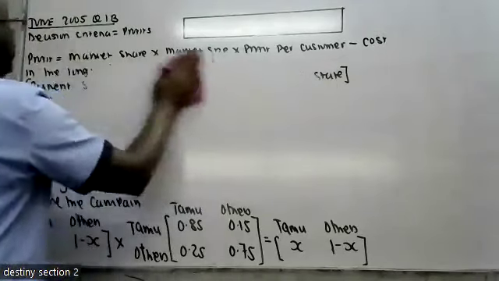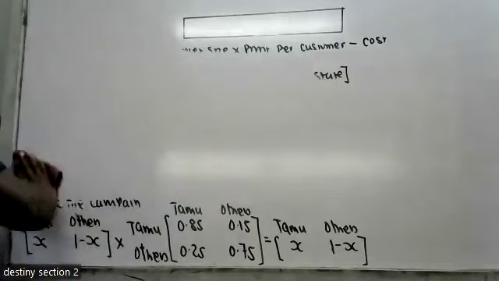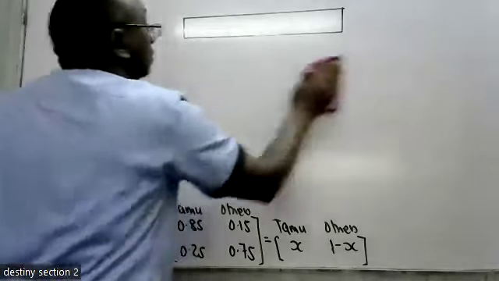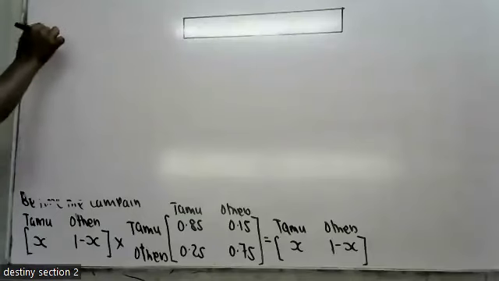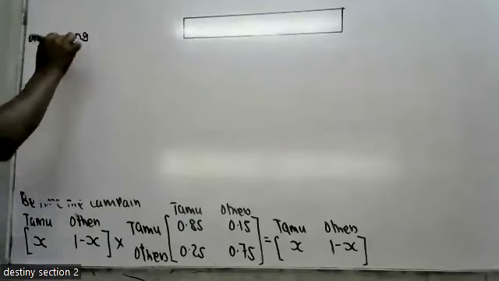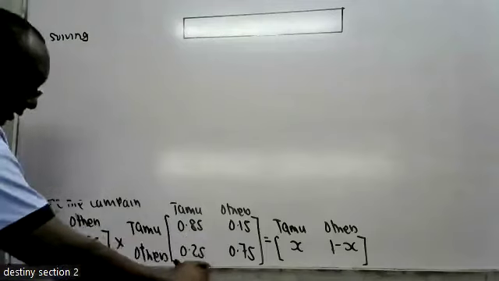So on solving, if you multiply the matrices just like we have done with the other one that we had earlier, it will be this row multiplied by this.